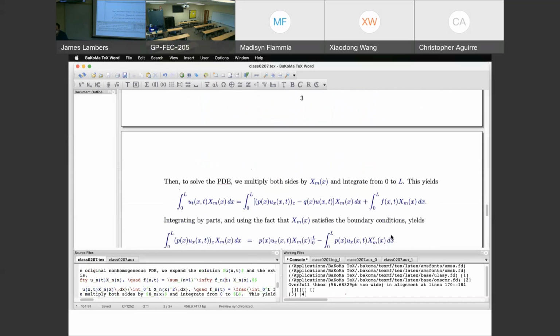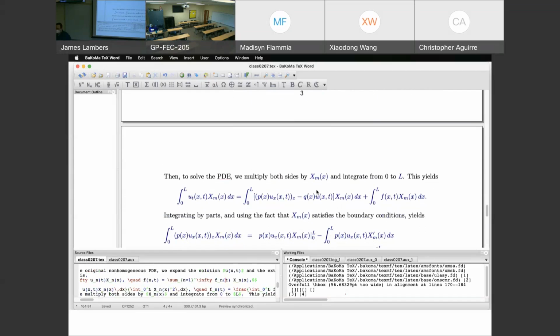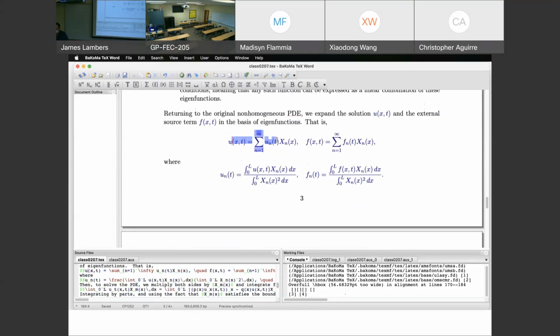So how do we work that into solving the PDE? Here I take the PDE with the source term included, and I do what I described earlier: multiply both sides by a given eigenfunction Xm of x, and integrate from 0 to L. My goal here is, between this equation and this equation, to get ODEs to solve for these un of t.